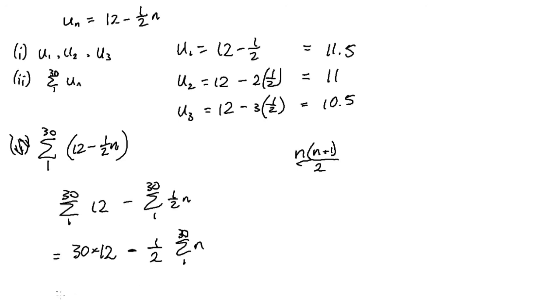And so first, this is just 360, take a half of, because now n is 30, we have 30 times 31 divided by 2. And that's just 360, take half of that is 15 times 31, which is very not helpful.